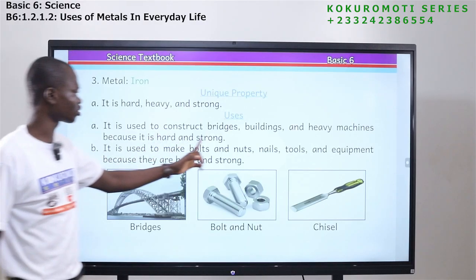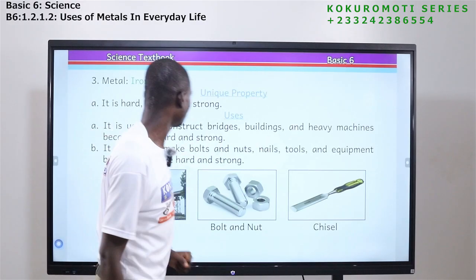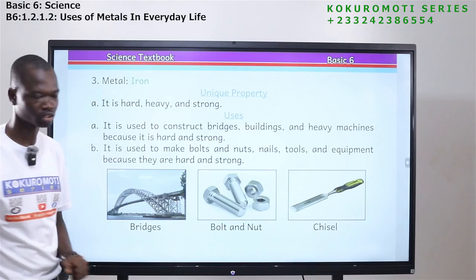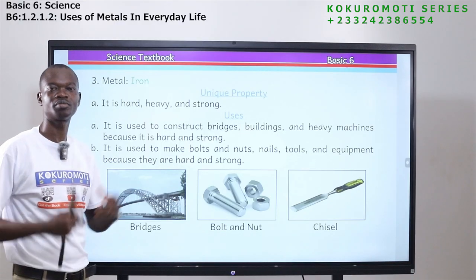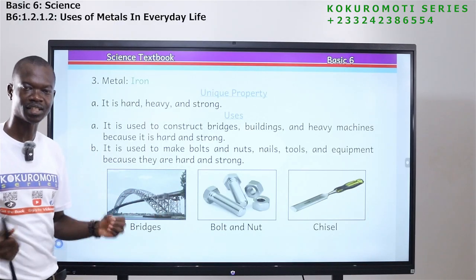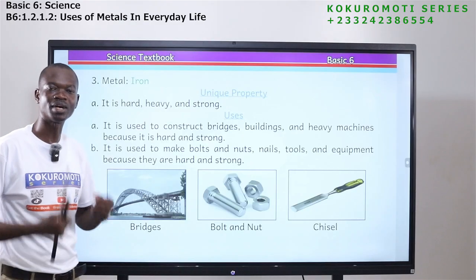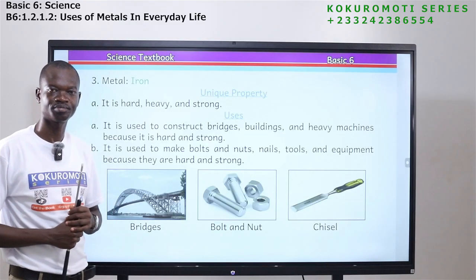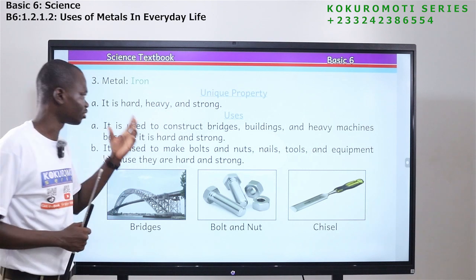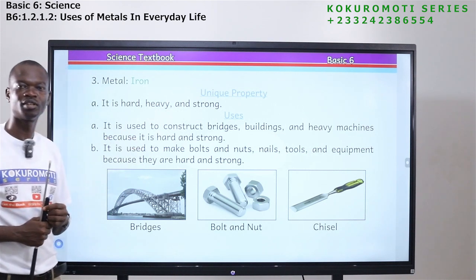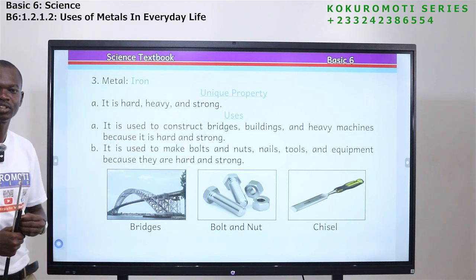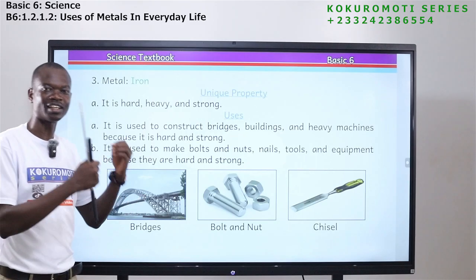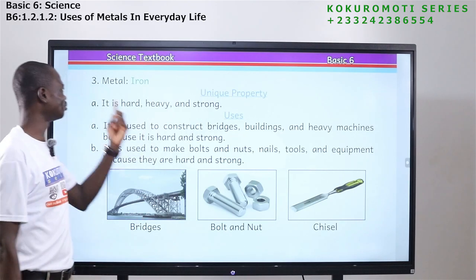One, it is used to construct bridges, buildings, and heavy machines because it is hard and strong. So if you are building bridges or heavy machines, you need materials that are strong and also heavy. The material that you need is a metal, and the metal that you need should be what?